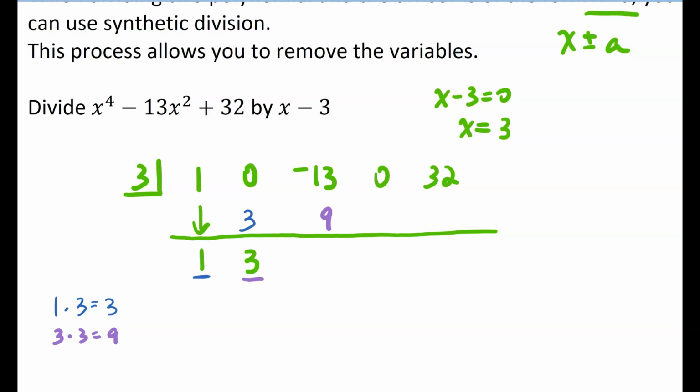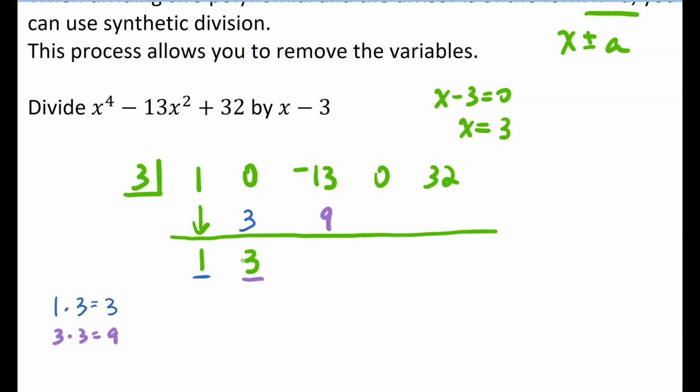I'm confused. How did we get the first 3, the green 3? By doing 1 times 3. That 3 came over here, and then we added 0 plus 3 to get 3.